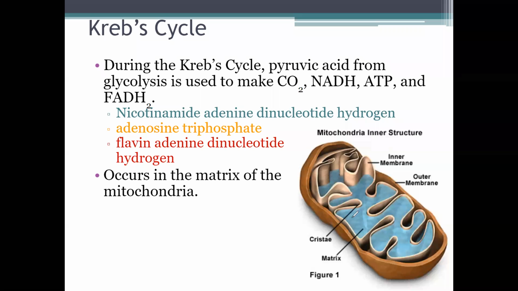And if you're not sure what I mean by matrix, this blue part in here, that's what I mean by matrix, okay? So during that Krebs cycle, pyruvic acid from that glycolysis is going to be used to make your carbon dioxide, make your NADH, your ATP, and something called FADH2, which again is a big, long, complicated name. Flavin adenine dinucleotide, hydrogen. We don't like to say that all the time, so FADH2.